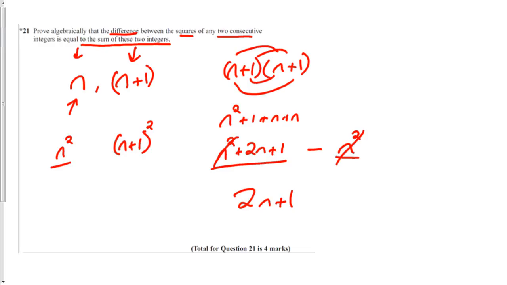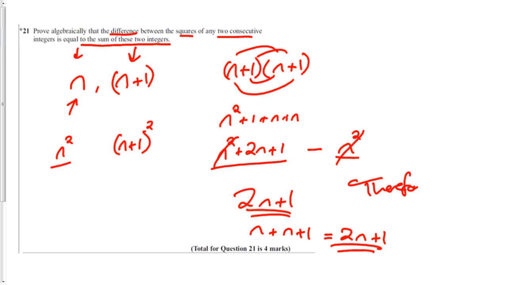The two numbers we were talking about were n and n plus 1. And hopefully you should be able to see that n plus n plus 1 is 2n plus 1. So therefore, they are the same.